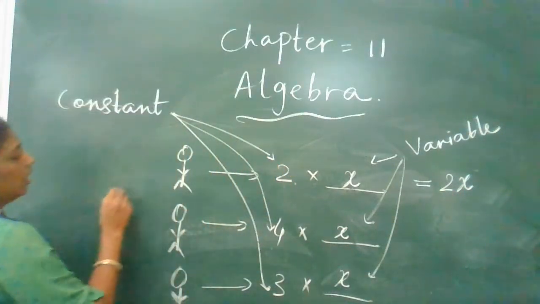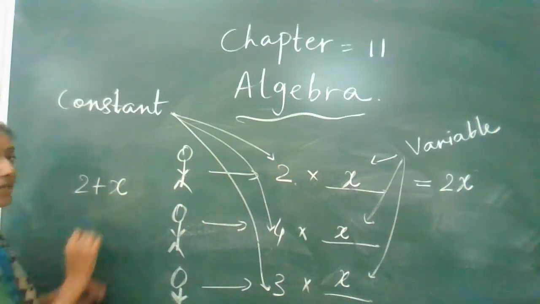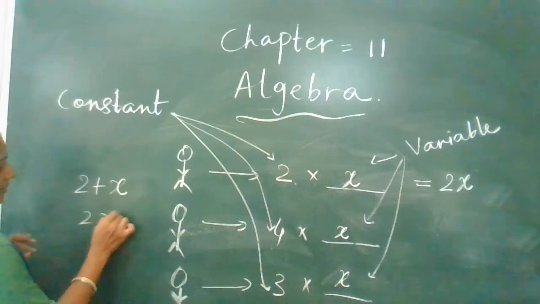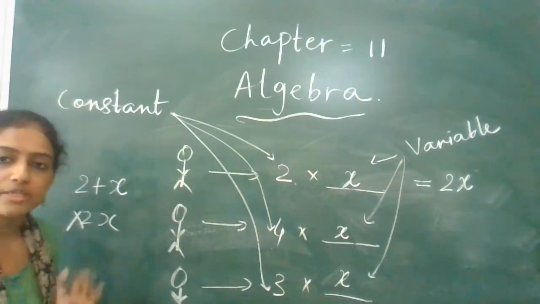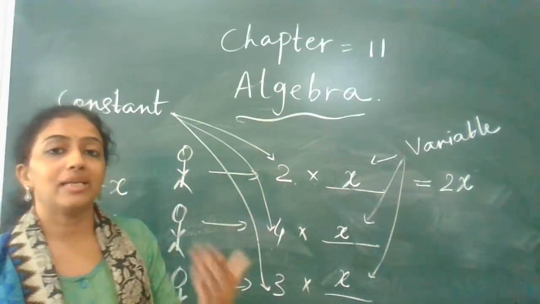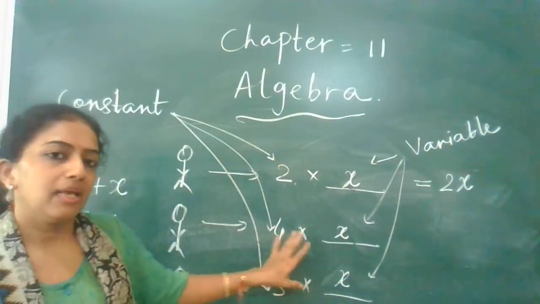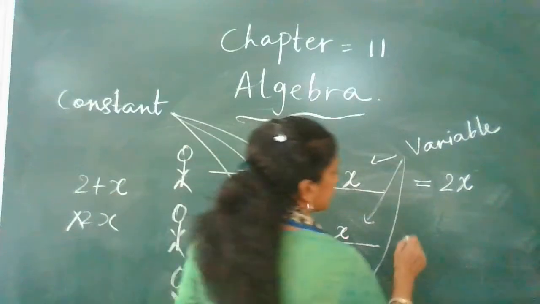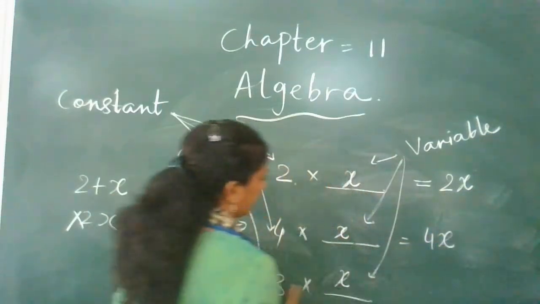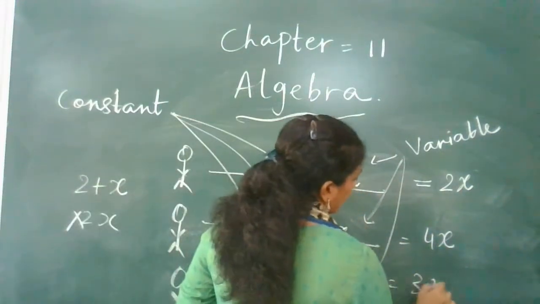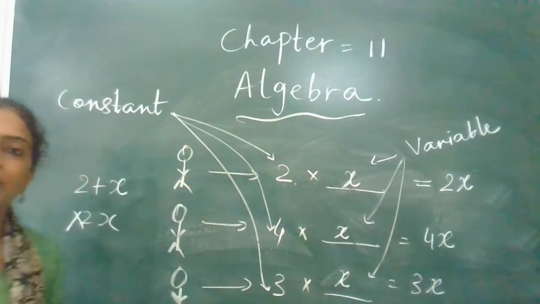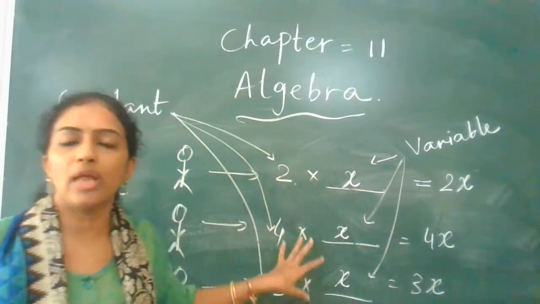But if you are doing 2 plus x, then you cannot write 2x. That is wrong. 2x can be written when you multiply a constant and a variable. So what will be here? That will be 4x. And here, 3x.